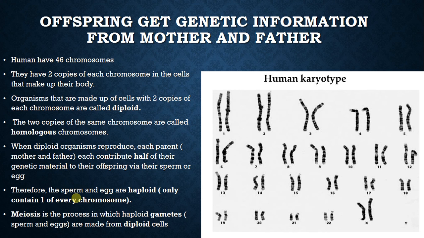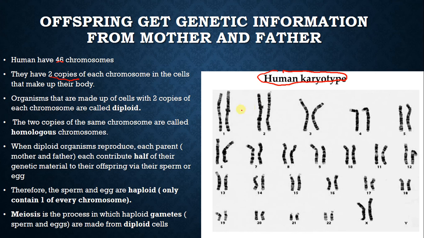So, just a little bit of a review. Humans have 46 chromosomes. They have 2 copies of each chromosome in the cells that make up their body. So, for example, here's a human karyotype. And a karyotype just means a picture of all 46 chromosomes.